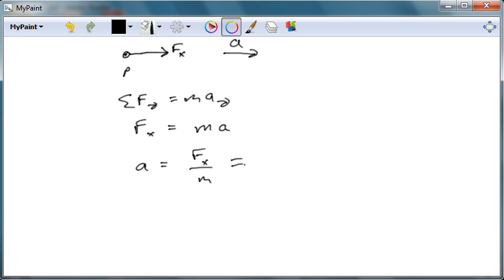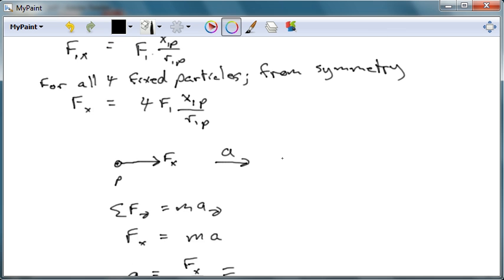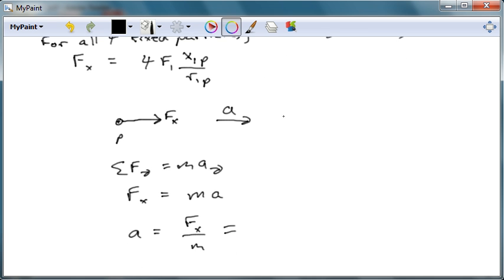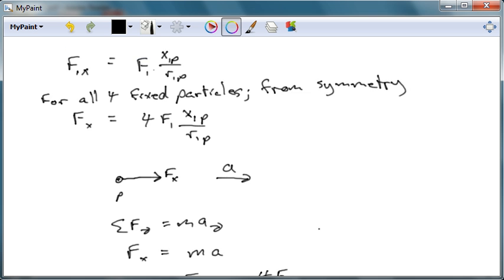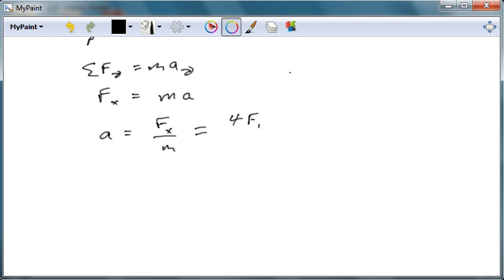So let's see if we can do some back substitution here to say what A is. 4F1 times x1p over r1p all divided by m.